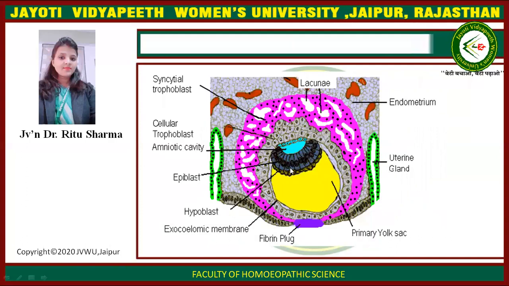The outer layer of the villi or trophoblast is called syncytial trophoblast and the inner layer is called cellular trophoblast or cytotrophoblast, and the amniotic cavity forms. Epiblast forms the embryo. There is the primary yolk sac.